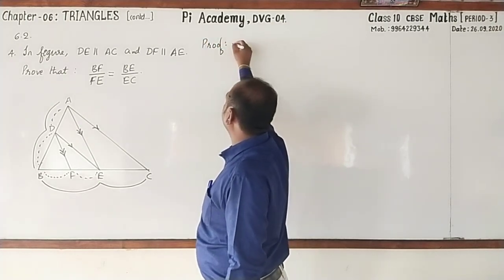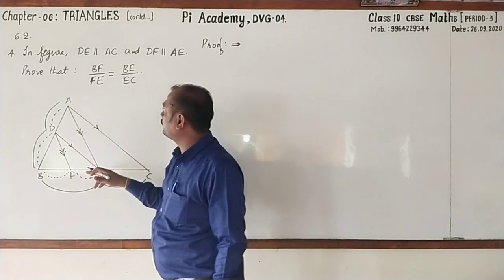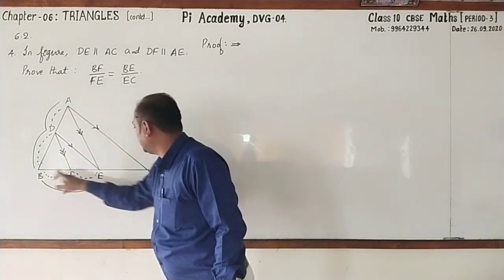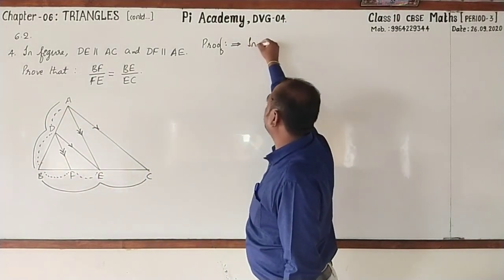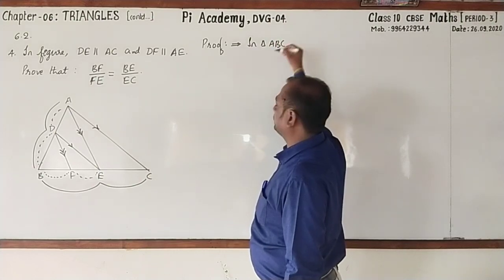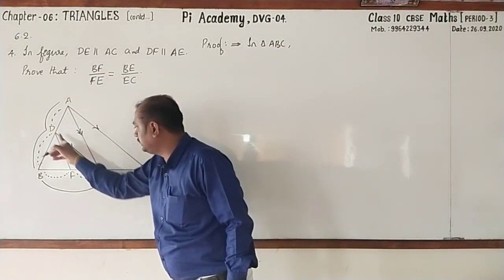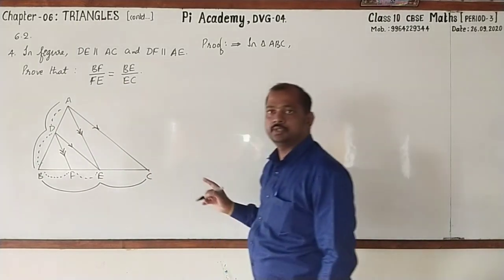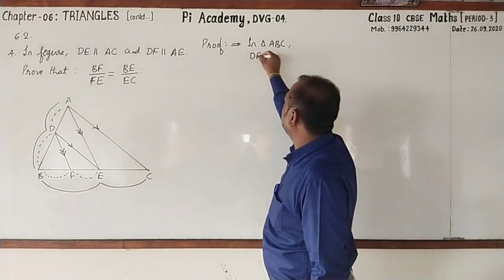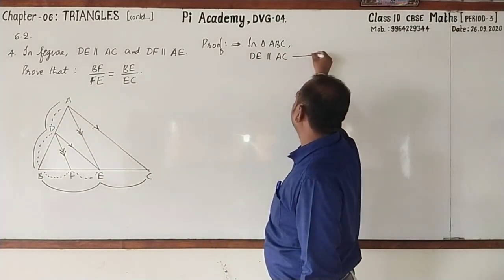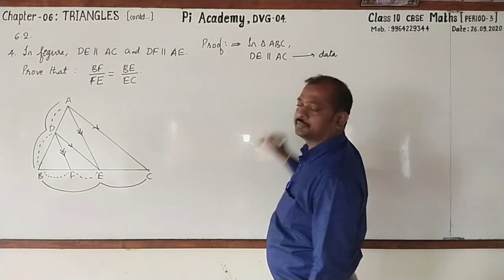Alright, proof. In proof, first I'll take the triangle ABC. In triangle ABC, here I'll write DE parallel to AC. DE parallel to AC. It is from the data.